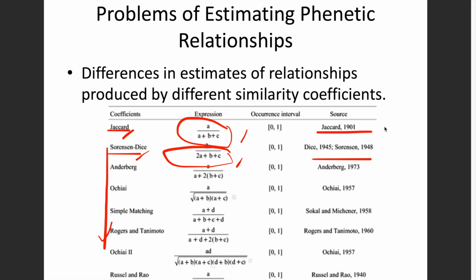Sometimes your data could have a positive correlation on the Jaccard index, but when you compute for its Sorensen dice index, it will have a different coefficient and a negative meaning. It can really vary from coefficient to coefficient sometimes.